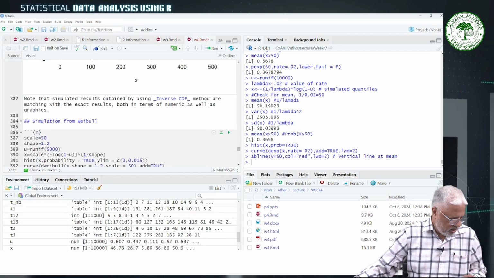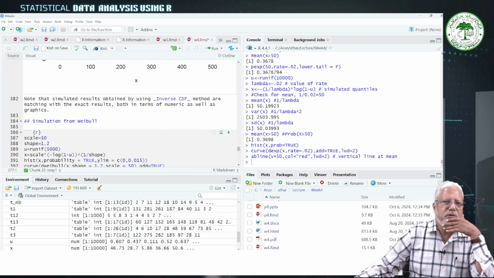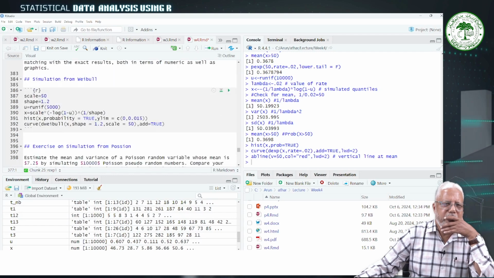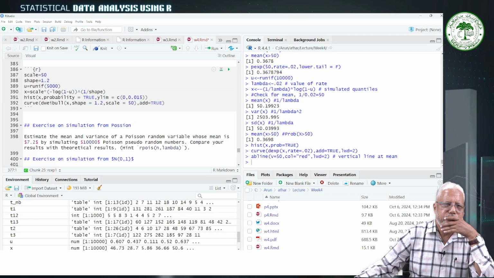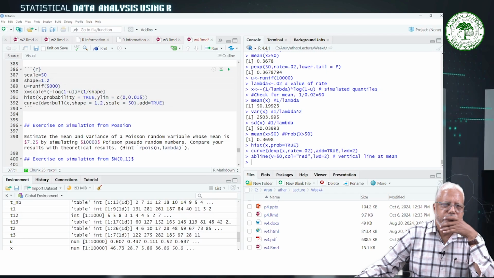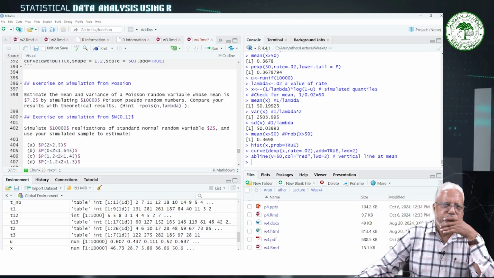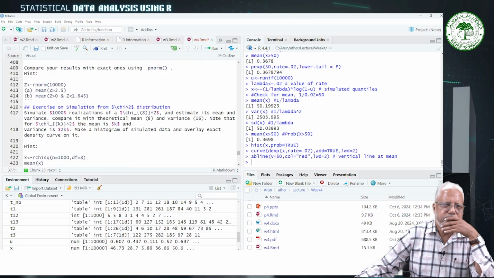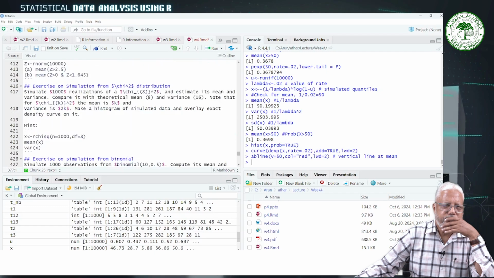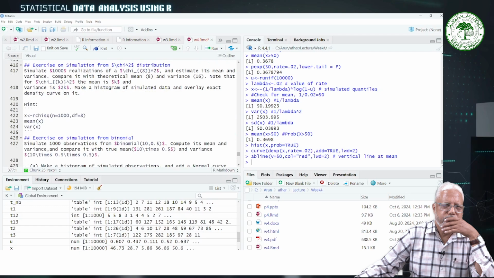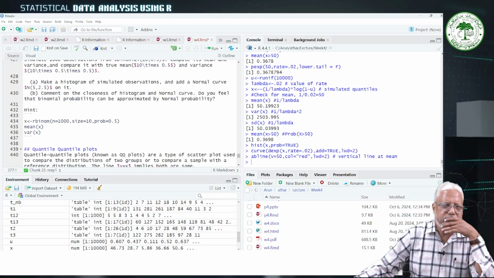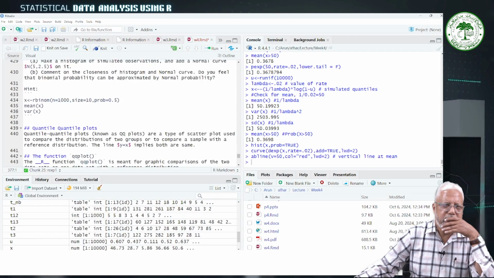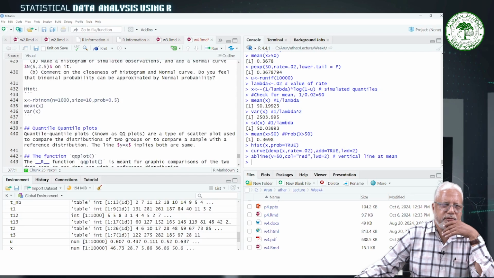Now we can talk about Weibull distribution and then certain exercises, then chi-square distribution, some exercises, then quantile plots.